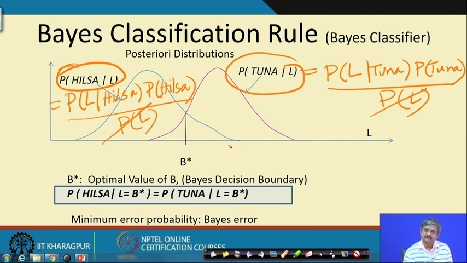You can actually see by looking at the area, and this is what I will use. This classifier, since it uses this Bayes rule, is called a Bayes classifier, and it is sometimes called a Bayes optimal classifier, and B star is called the Bayes optimal boundary. It has the minimum error possible.